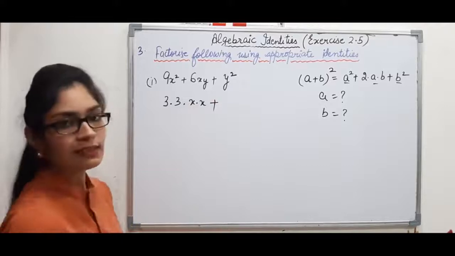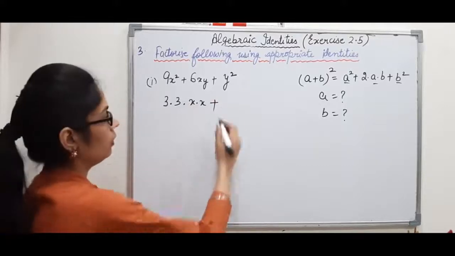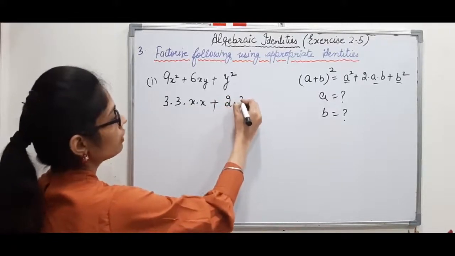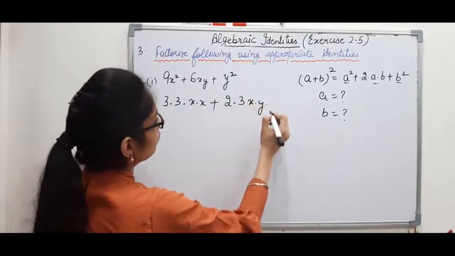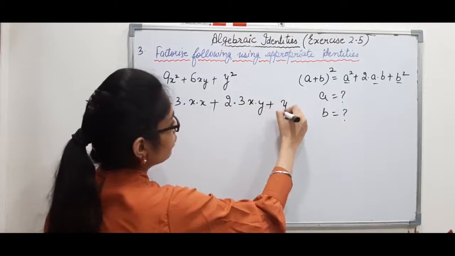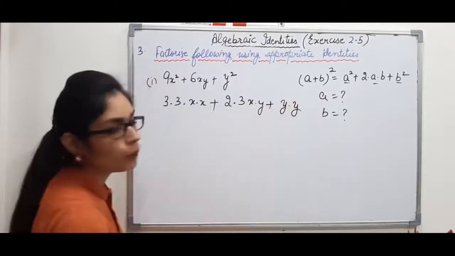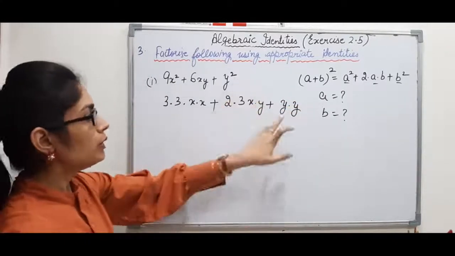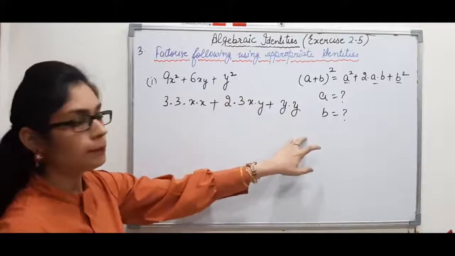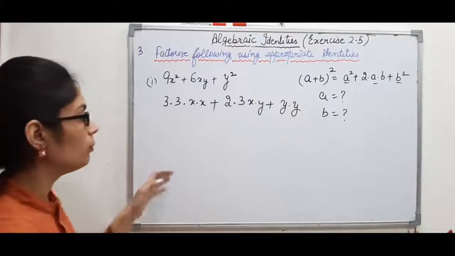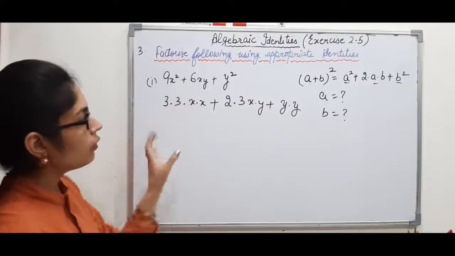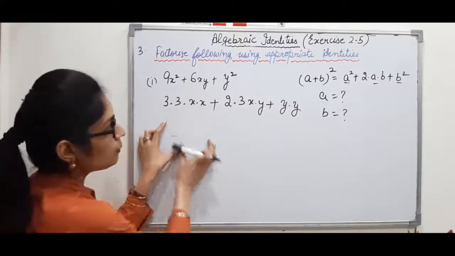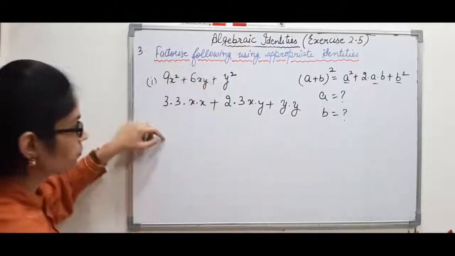Plus 6, break it down as 2 into 3. X and y we can write as it is, x into y, plus y square you can break as y into y. Y square means y is 2 times, so y into y we have broken down. Same way x square is x into x. Now just compare this expression with this.